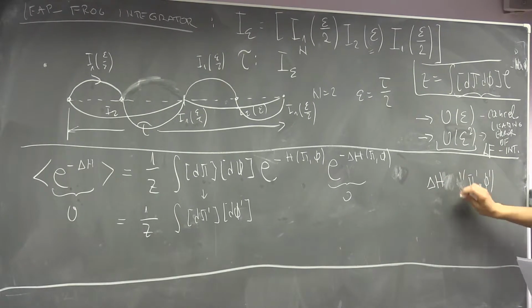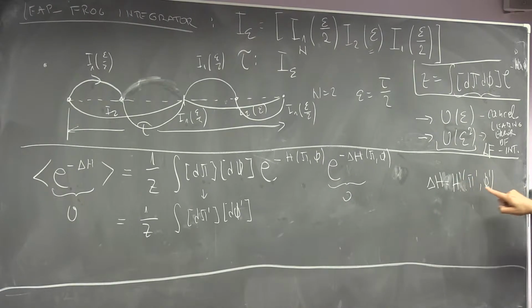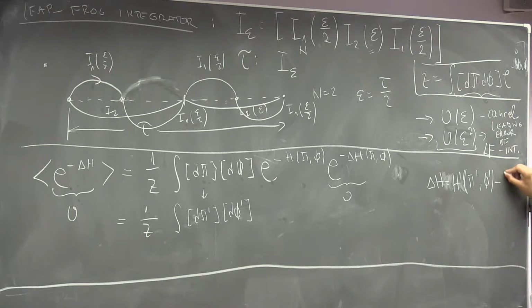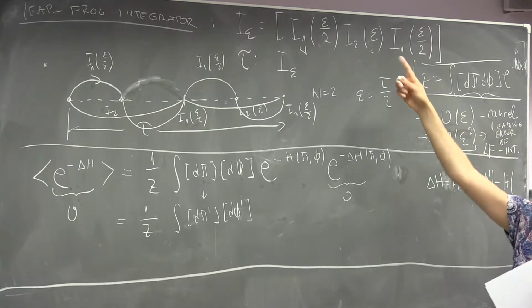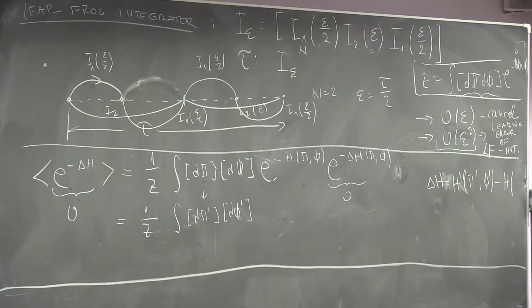So say that pi prime and phi prime are the momenta and the field configuration at the end of the trajectory, integrated with a certain integrator which is area preserving, minus the Hamiltonian at the initial momenta and the initial field configuration.